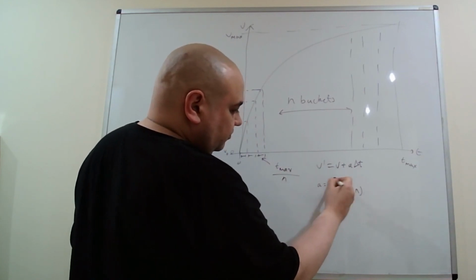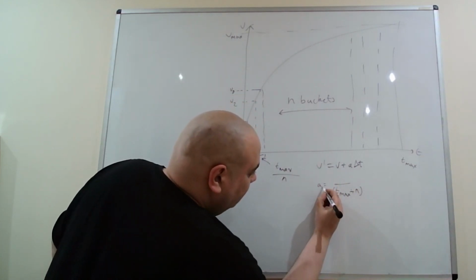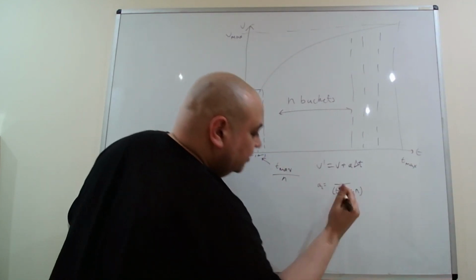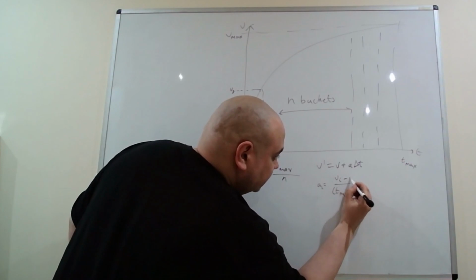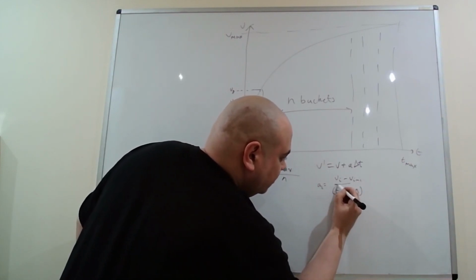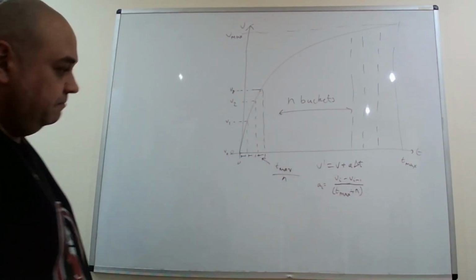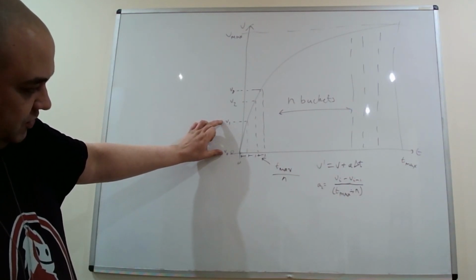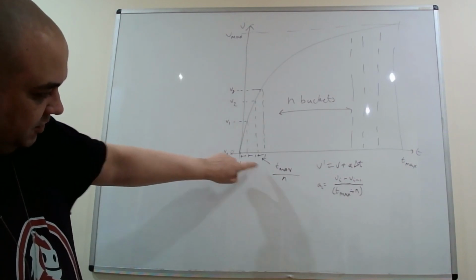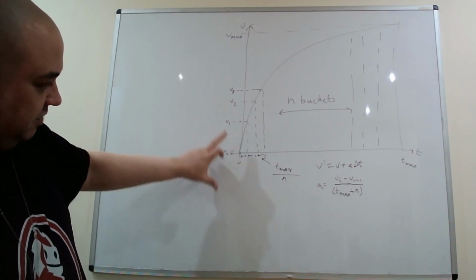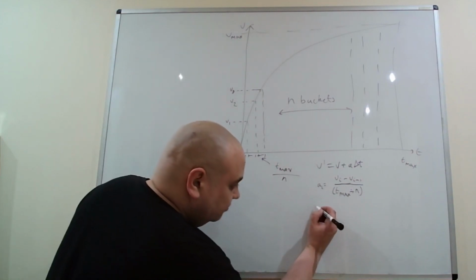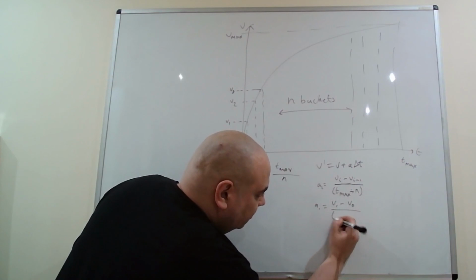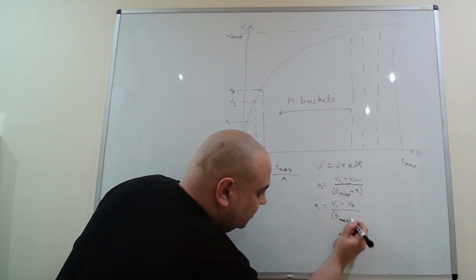And then I'm just going to replace this with the ith term, and it's going to be, wrong again, that's a mistake, vi minus vi minus 1 over Tmax divided by n. You can see that v1 minus v0 is the amount of velocity change we have here. We divide it by this time step to get the acceleration change. So that would be a1, to use a concrete example, is equal to v1 minus v0 over Tmax divided by n.